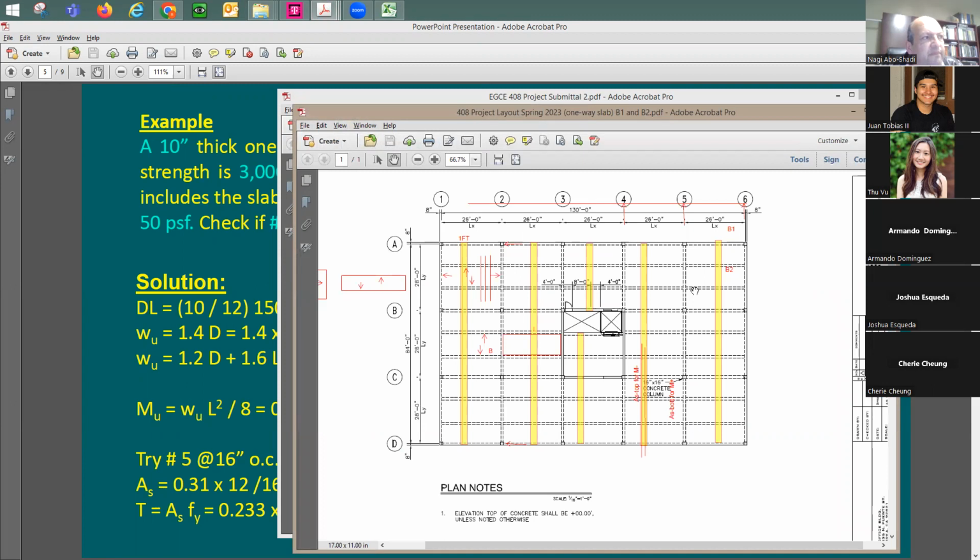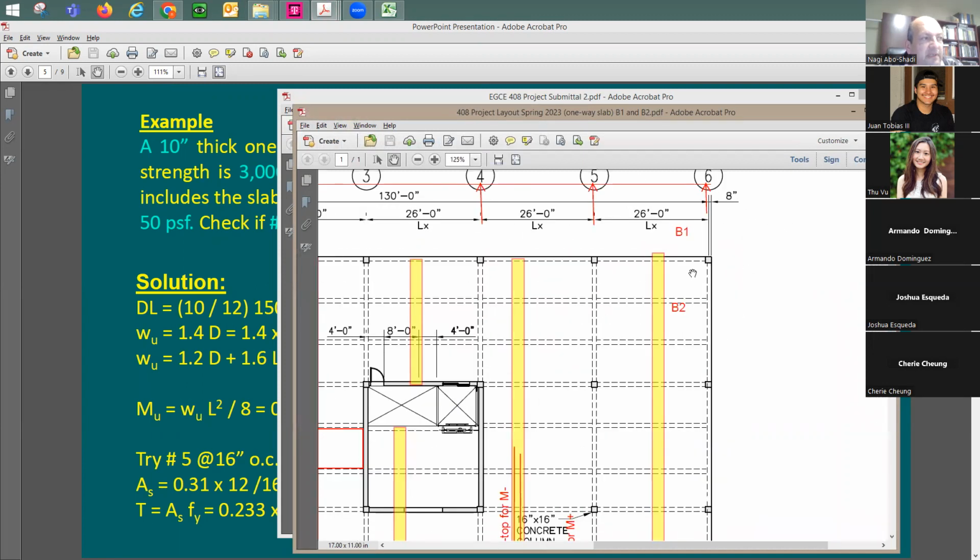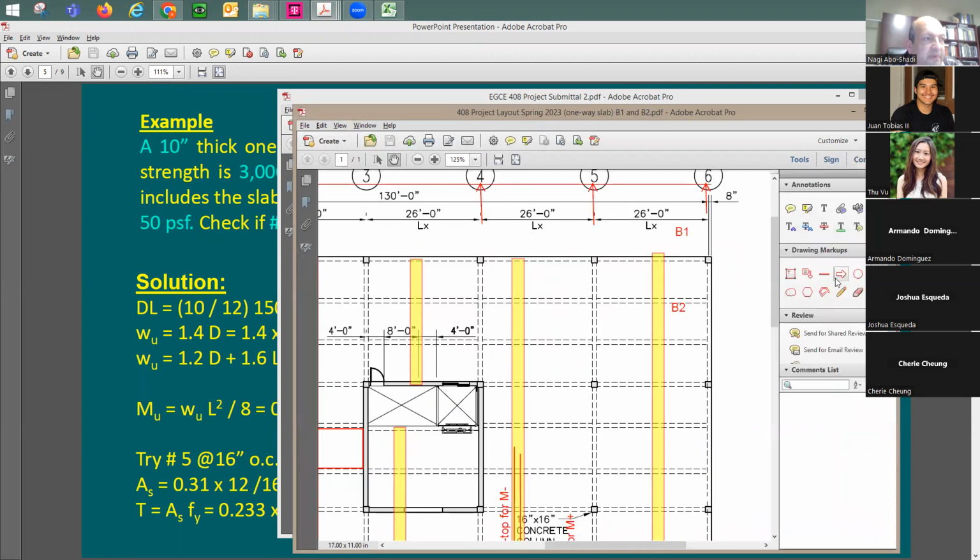For you guys, this gives a support because the beam supports the slab. Here's one support, another one, a third support. It's like a continuous beam with lots of supports. Now, how big is this span? I need your help. This L, do you know?